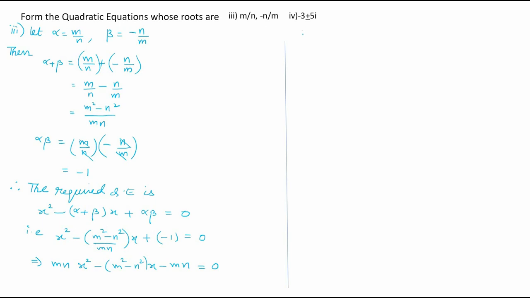So the next bit, we have two roots given here again, minus 3 plus or minus 5i. We will take one root as alpha, that is minus 3 plus 5i, and the other root beta will be minus 3 minus 5i. So first we will find the sum of the roots, alpha plus beta value.